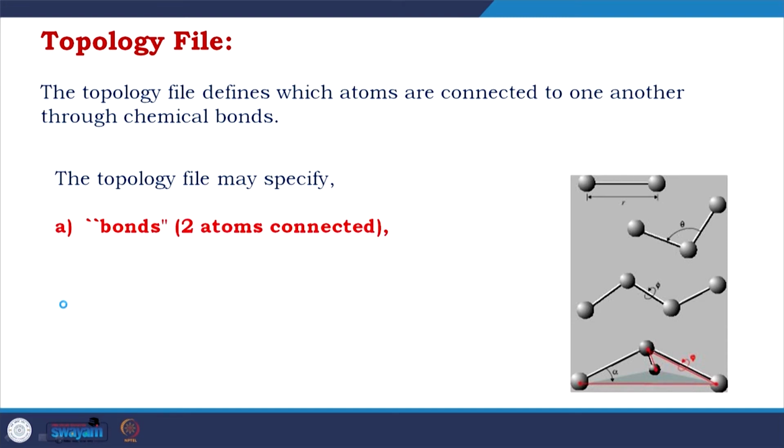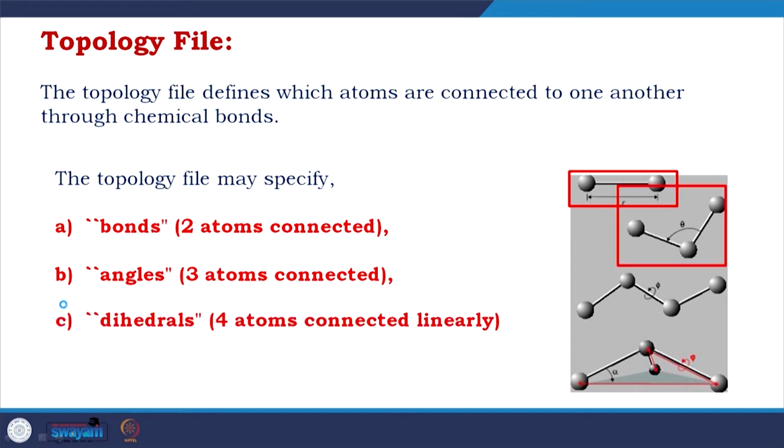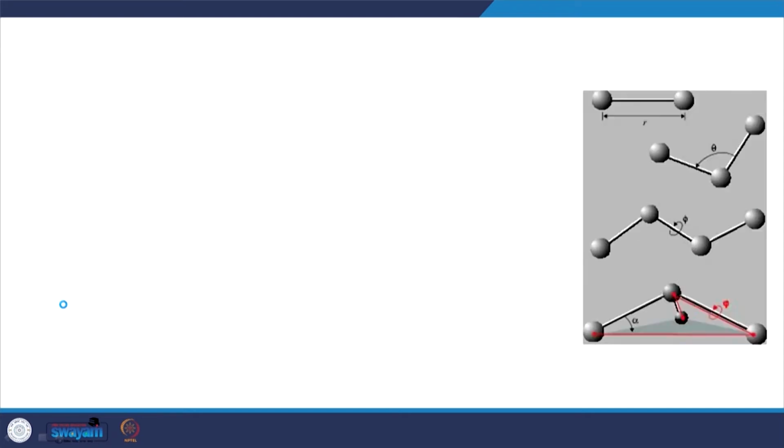Bonds, we already know bonds means two atoms connected, angles 3 atoms connected, dihedrals 4 atoms connected. For dihedrals there are two things, proper and improper dihedrals. When we are talking about proper dihedrals.